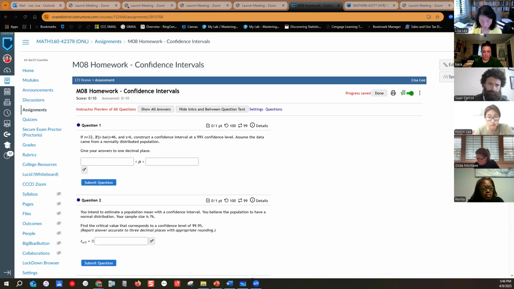So you will highlight that one and just enter x bar, the number given to us, 46, right? Then go down to the sample standard deviation, s subscript x.